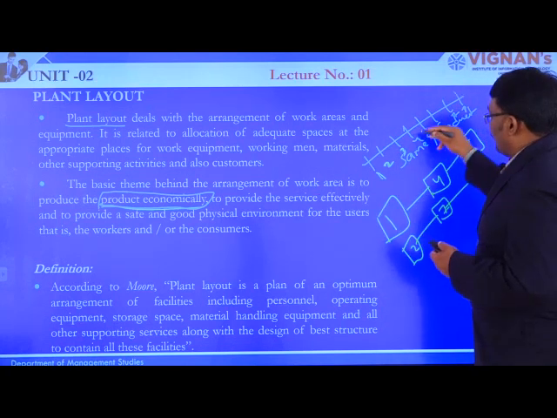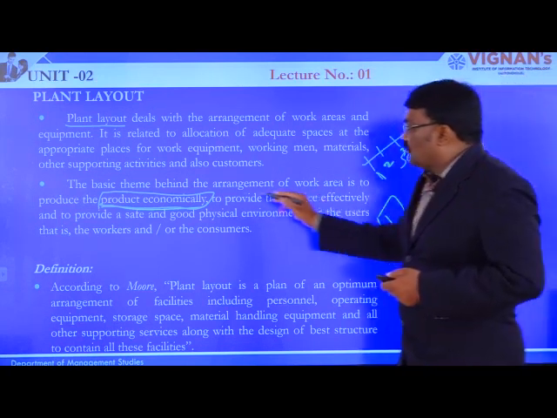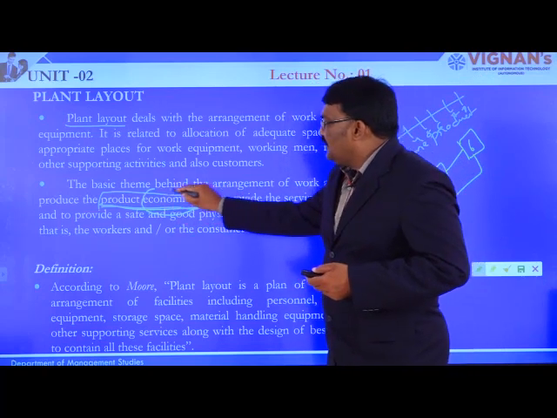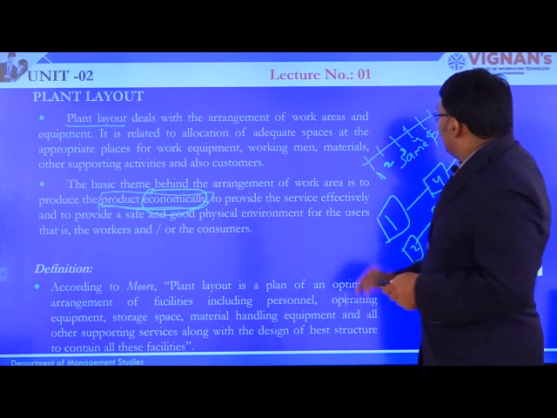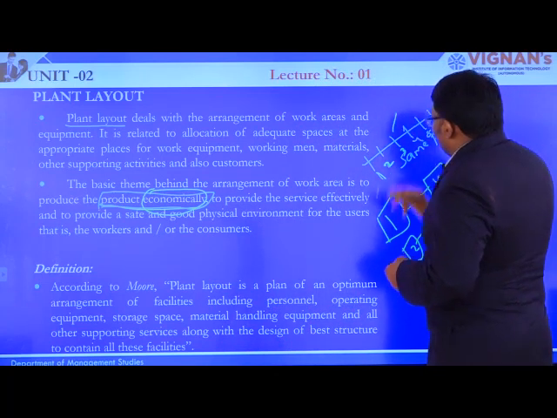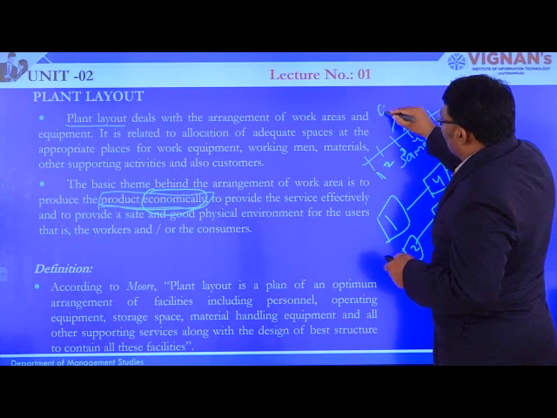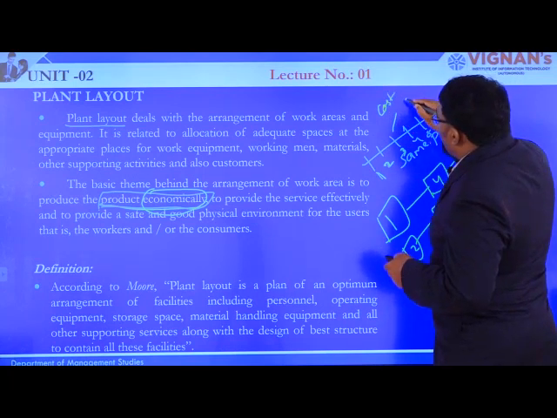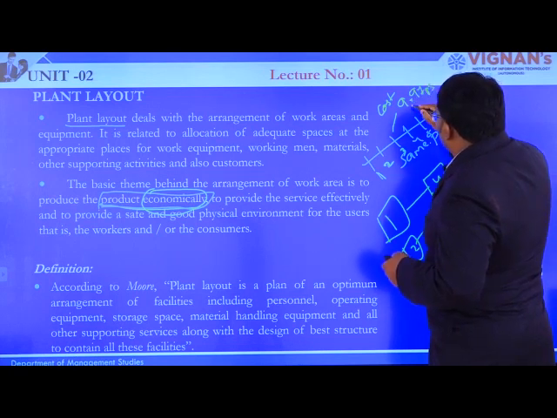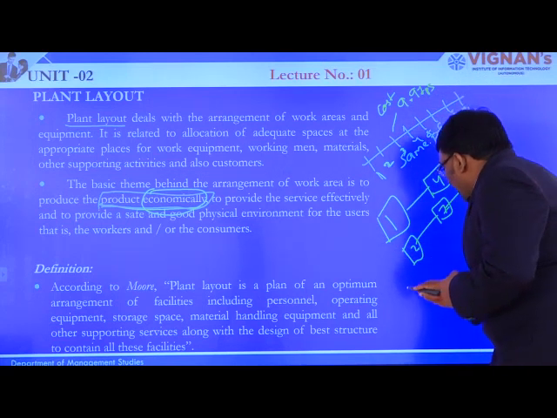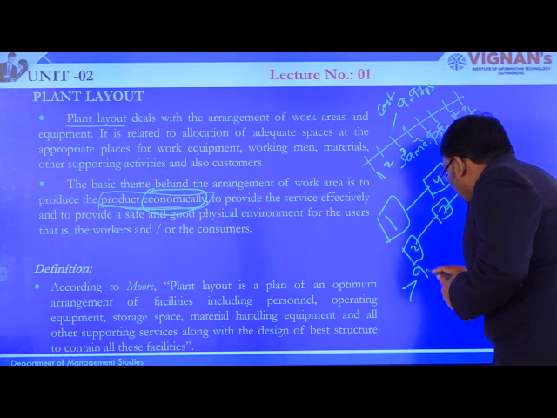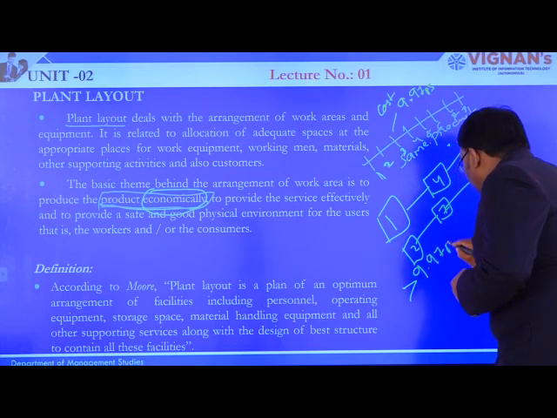The layout which I have established will not produce the product economically. The product will be produced, but suppose the manufacturing cost of the product is 9 rupees 97 paisa. In this case, it will be more than 9 rupees 97 paisa.